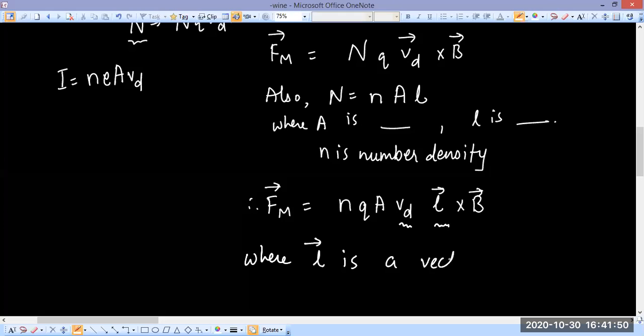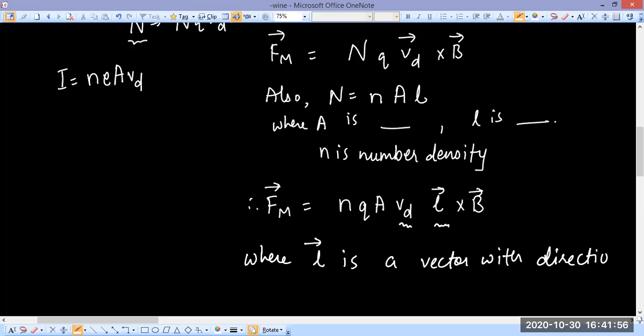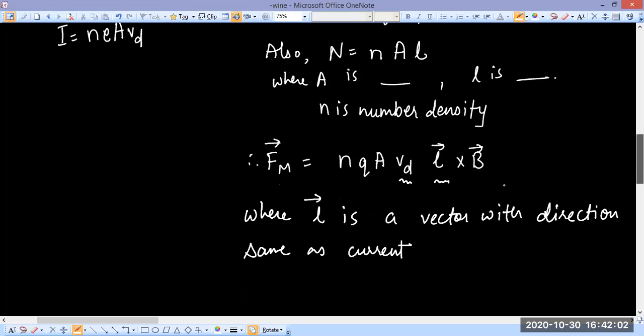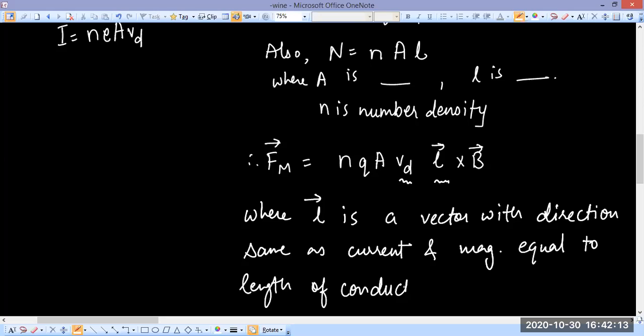Okay, so we are saying where L vector is a vector with direction same as current and magnitude equal to length of conductor. Tell me yes or no and then we'll proceed further.